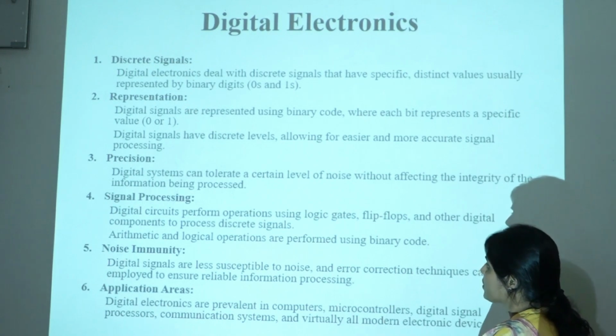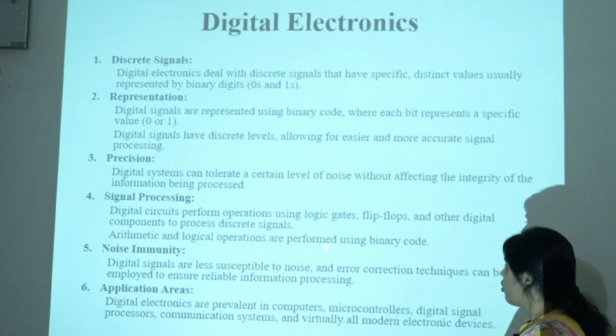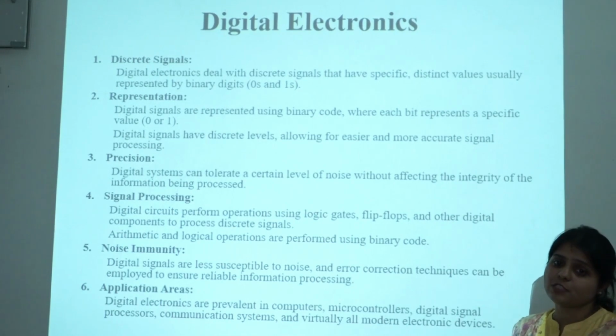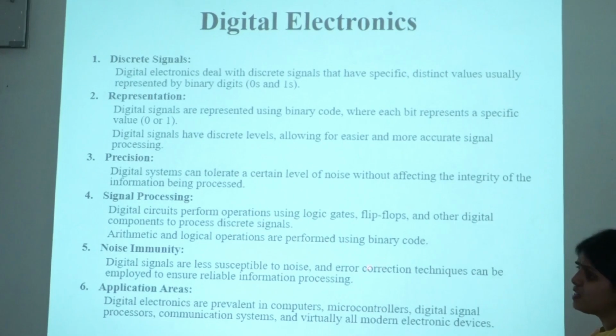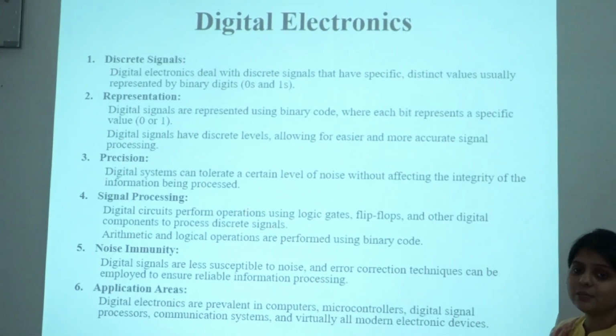After the basic concepts, we will also see how we perform some basic logical and arithmetical operations on these binary codes. When we talk about noise immunity, digital signals are less susceptible to noise unlike analog signals, and we also have various error correction techniques employed with digital signal processing.